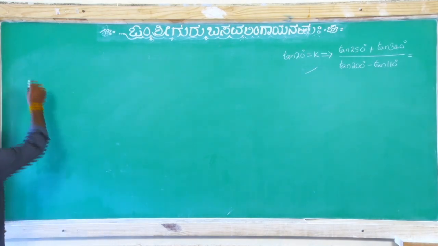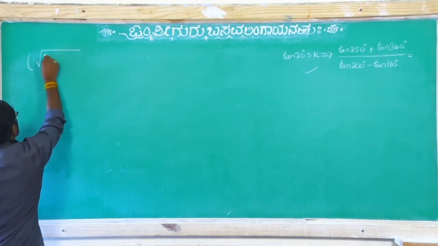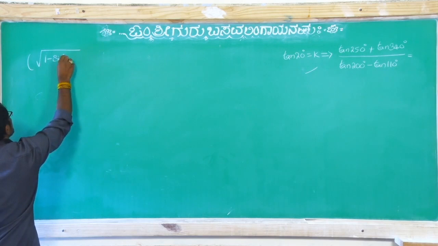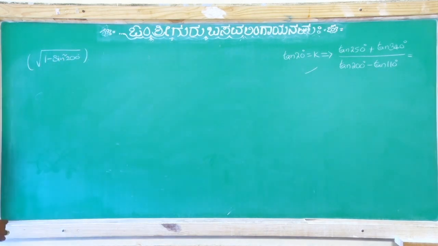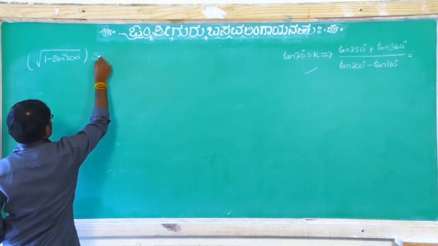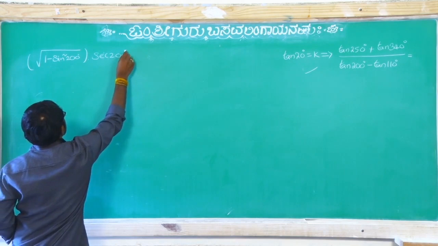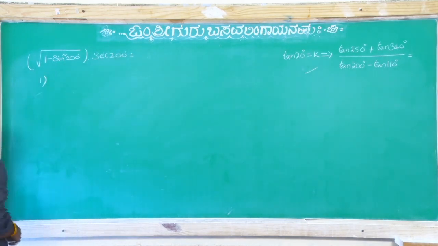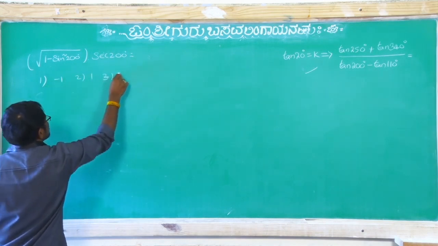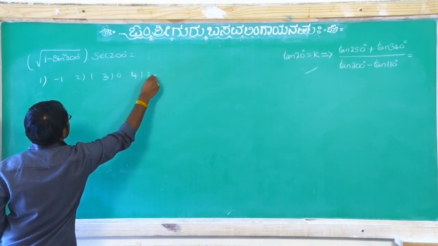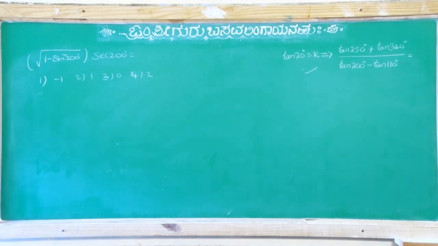Root of 1 minus sine square 200 degrees into secant 200 degrees equals, options also I will give: minus 1, 1, 0, 2. Do that.